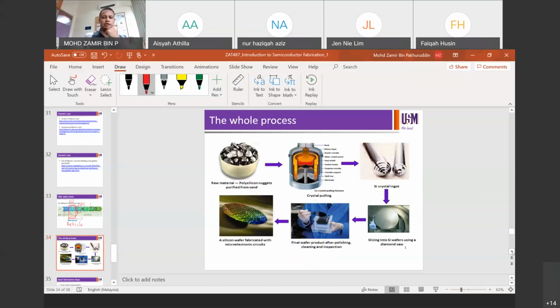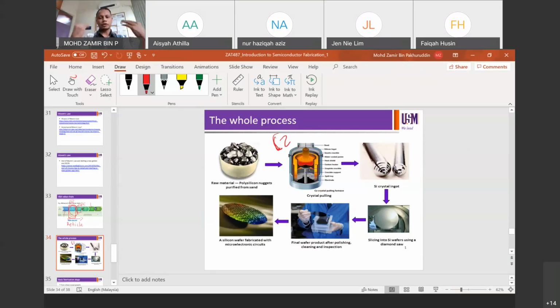So the process, just a brief run through before we actually go to respective process. So we're going to start with polysilicon chunks after we've done the purification process. So then we're going to do crystal pulling or crystal growth. We call it Czochralski process, where we're going to melt the polysilicon chunks in a big chamber at high temperature, exceeding 1,400 degrees C, because that's the melting point of silicon.